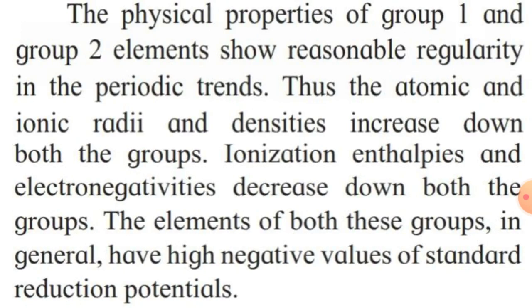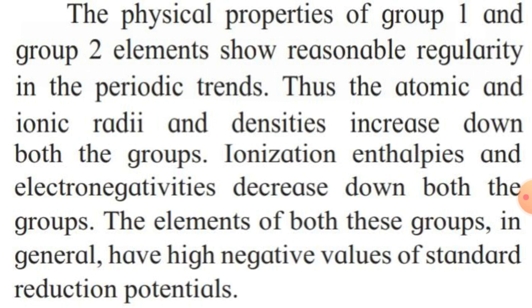So here, students, the physical properties of group 1 and group 2 elements show reasonable regularity in the periodic trends. Trends means whether a property is increasing or decreasing. Group 1 and group 2 elements have similar trends.